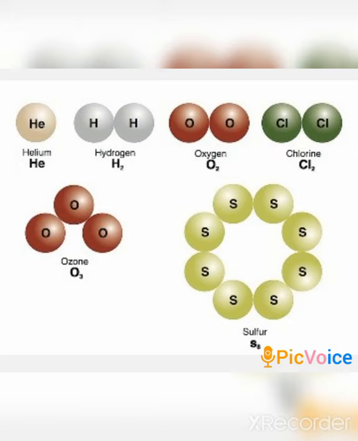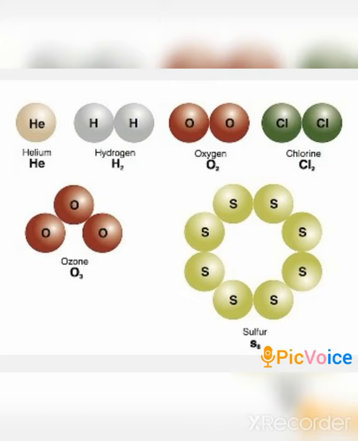So in nature, generally certain elements such as hydrogen, oxygen, chlorine, the atoms of these elements stay with a bond wherein two atoms are combined together. Generally we can't find a single atom of oxygen. It doesn't stay individually but with a bond with another atom.